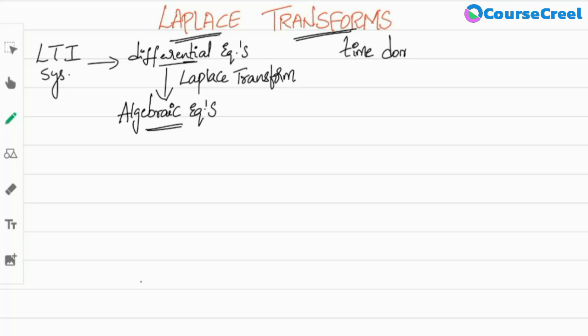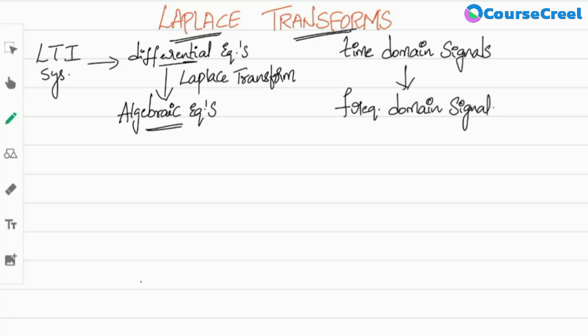time domain functions, or time domain signals, or time domain equations, to frequency domain signals. So we are using this Laplace transform tool for converting differential equations to algebraic equations, which is nothing but converting time domain signals to frequency domain signals.